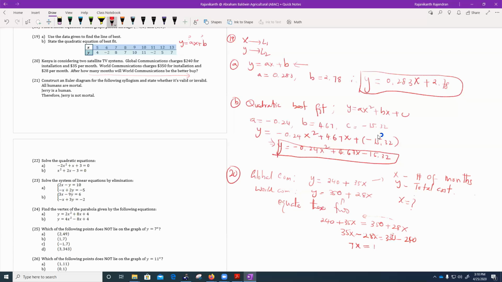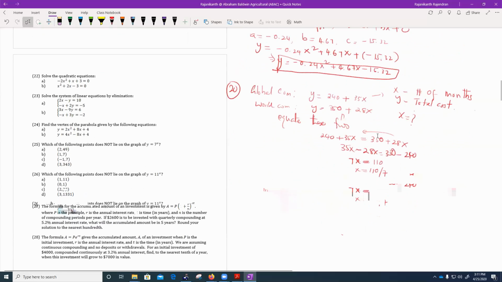That is equal to 110. So 7x is 110, therefore x is 110 over 7.